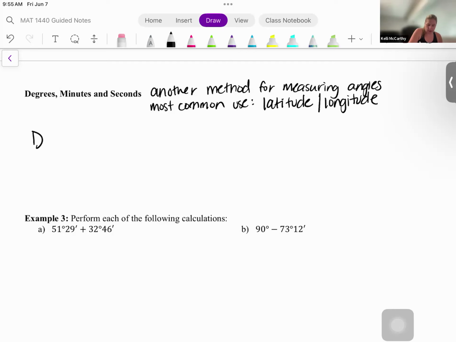Now, our notation for degrees, minutes, seconds is degrees. Minutes has an apostrophe, and seconds has a quotation mark or two apostrophes.